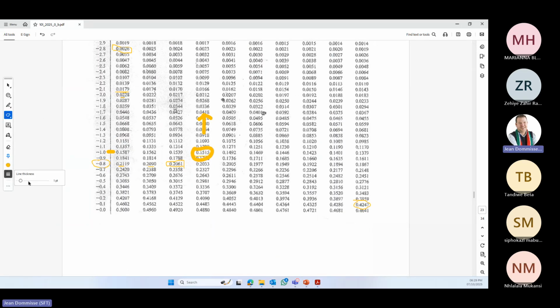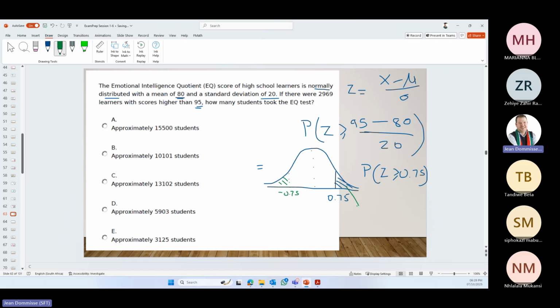Let's just make it a bit smaller, different color. Minus 0.75. 0, 1, 2, 3, 4, 5. Okay. 0.2266. And so this area is 0.2266.